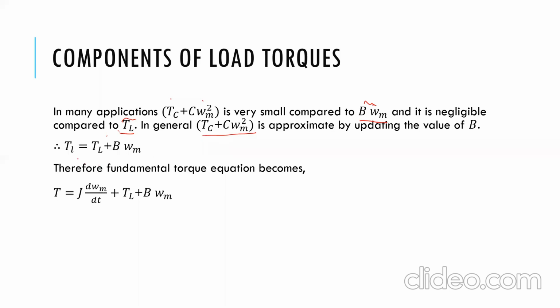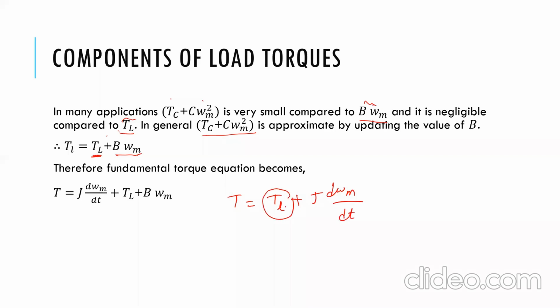Therefore, the load torque TL is equal to TL plus B omega m. TL is nothing but the torque required to do useful work. B omega m is nothing but viscous friction. Therefore, the fundamental torque equation T is equal to TL plus J d omega m by dt.